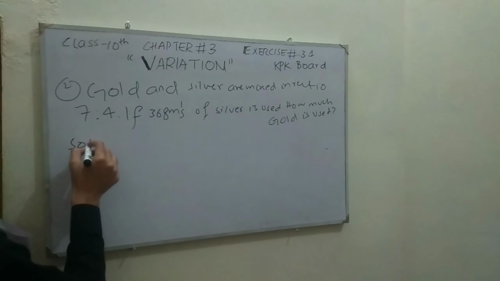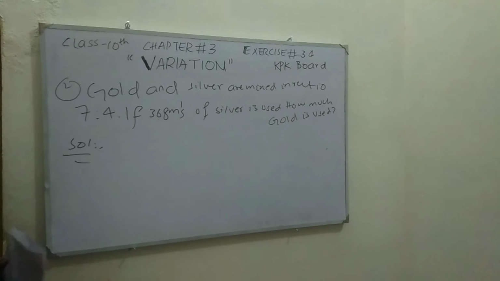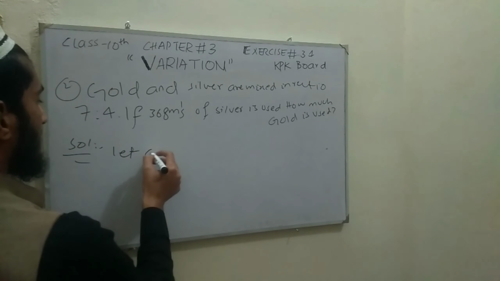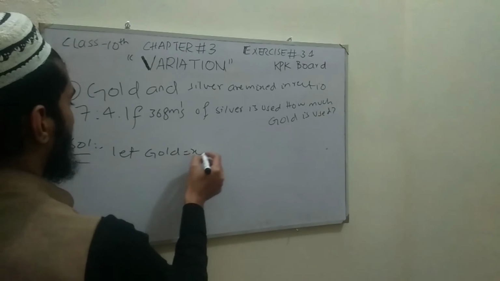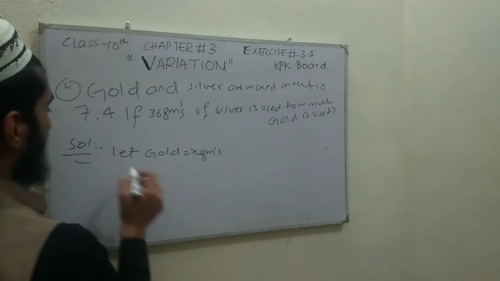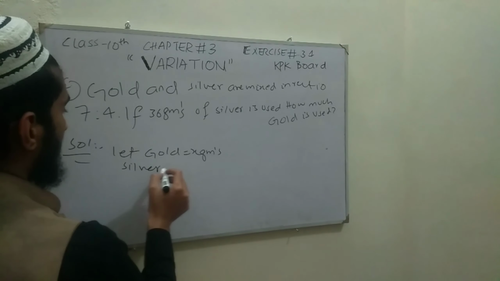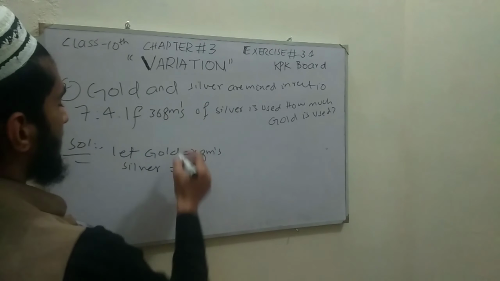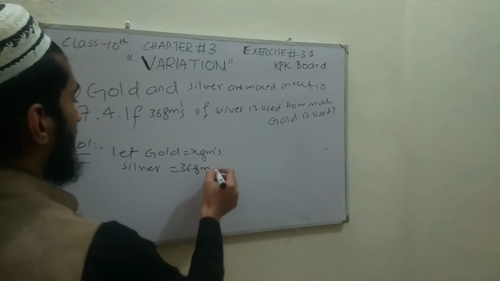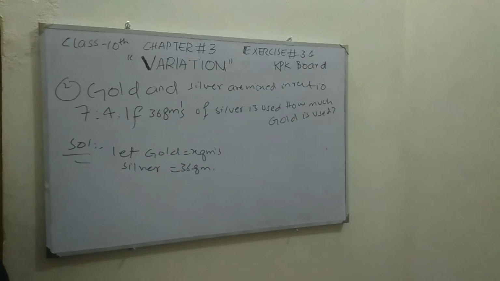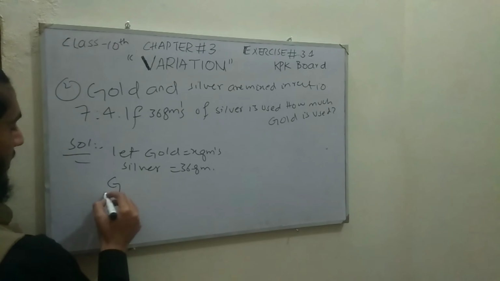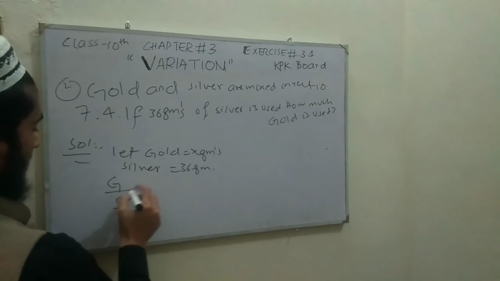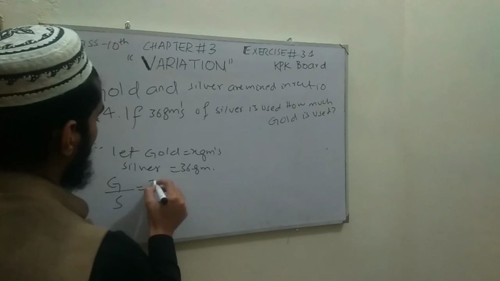Solution. Let the amount of gold be x grams and the silver amount is given, which is equal to 36 grams. Taking the ratio of gold and silver, the ratio is 7:4.